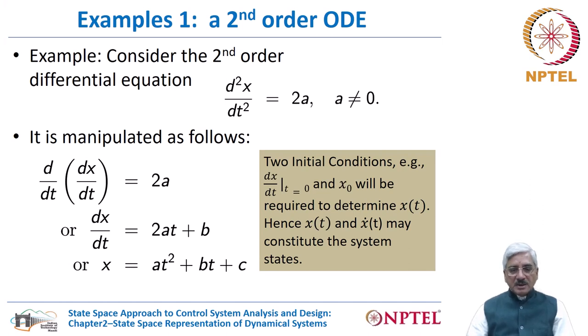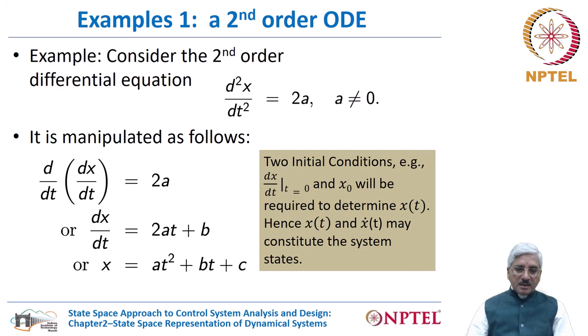First example is that of a very simple second order ordinary differential equation in which the left hand side is the second derivative of the quantity x and the right hand side is just a constant 2a, where a is not equal to 0. A few very simple mathematical manipulation steps are shown here.